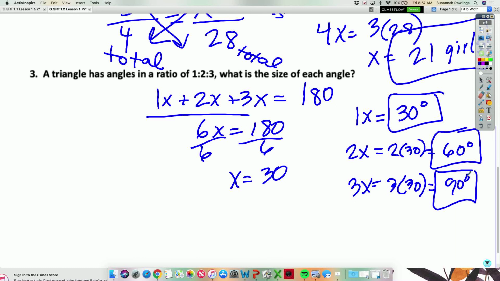I could classify this two different ways based off its angles inside. It's scalene because they're all three different. What about the angles? What kind of angle do I see here? So this is a right triangle. It's a right scalene triangle. Very good.